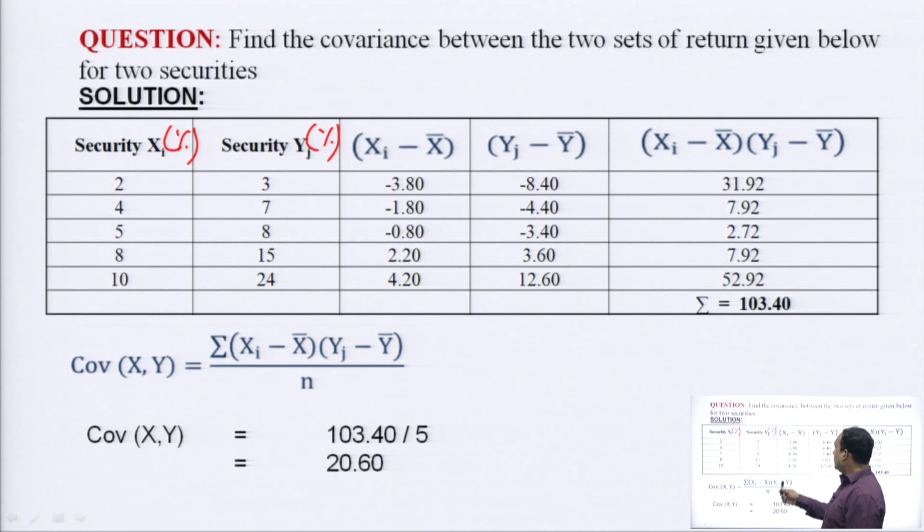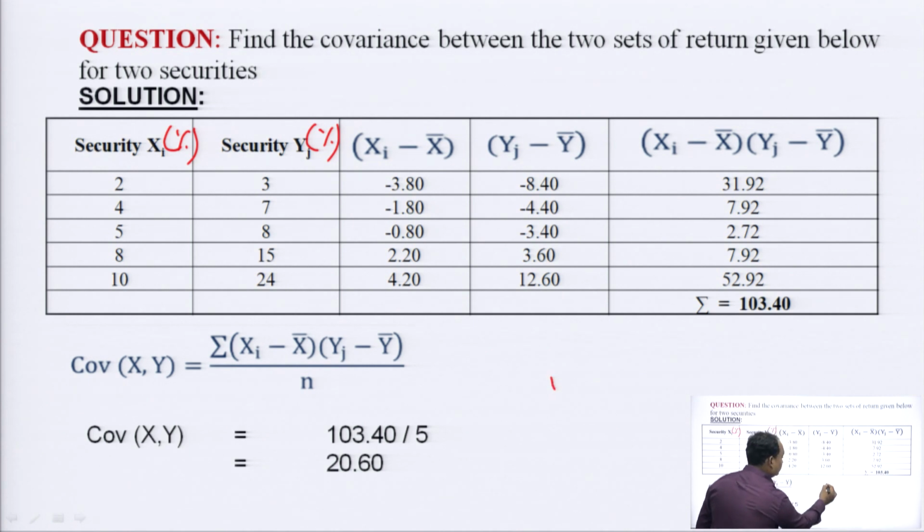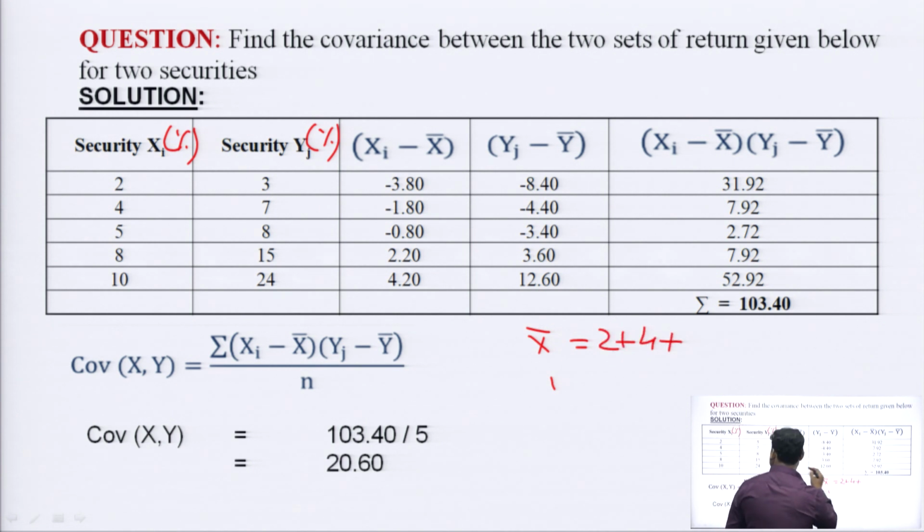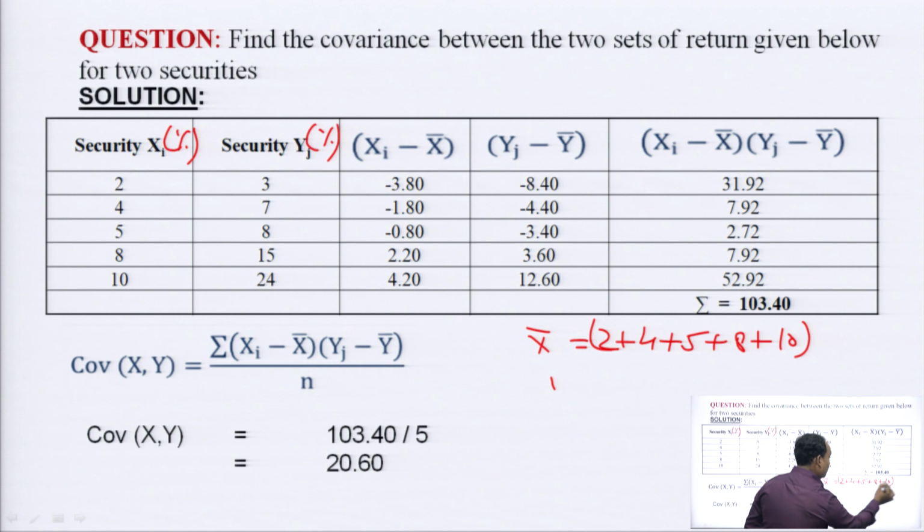To calculate x minus x bar, first of all we calculate the x bar. The summation of 2 plus 4 plus 5 plus 8 plus 10 divided by 5 is equal to 5.8.